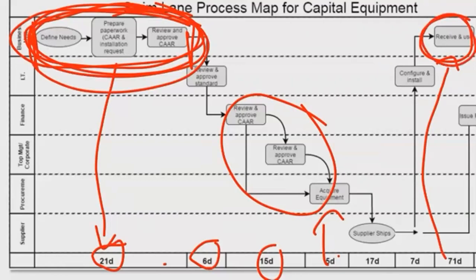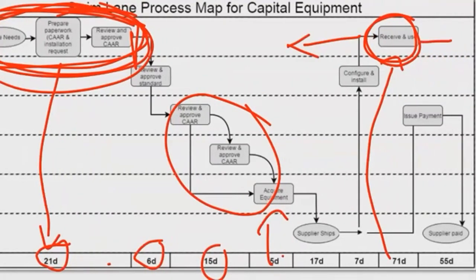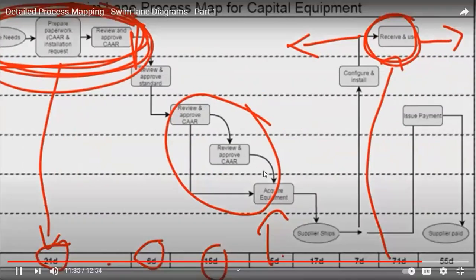And I get it. The only way that we could prevent this from happening is to, in essence, stretch out the receive and use box so that it takes up much more space, so that the timeline is drawn to scale, and we rarely ever do that. But you could, if you wanted to.